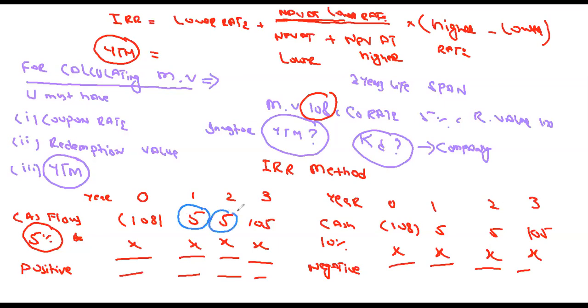Meaning 5 into 1 minus T, 5 into 1 minus T, and here also 5 into 1 minus T. And all the calculation will be the same, because we are going to calculate the KD. For KD, the interest has to be after tax. So you after-tax it, again you will put the values, and the answer will be KD.